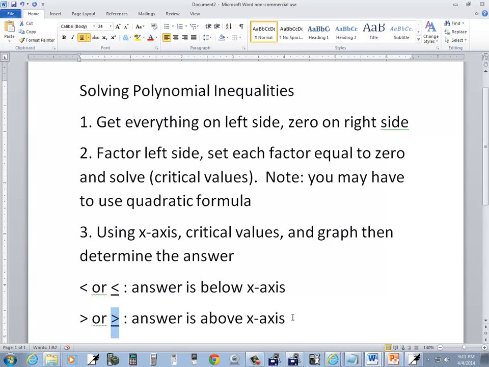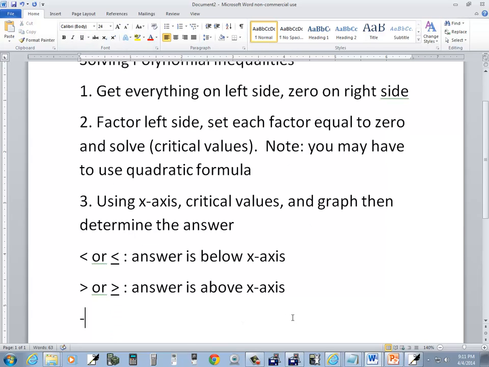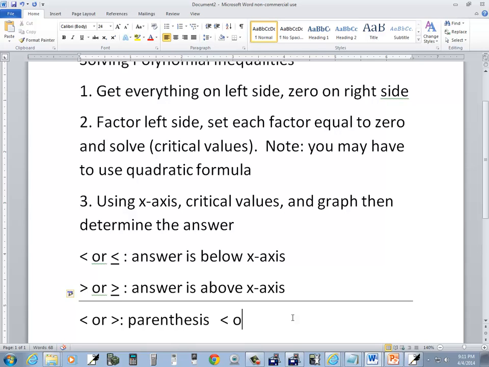There we go. Now, if you got a less than or greater than, you're going to use parentheses. If you got less than or equal to or greater than or equal to, you'll use brackets.